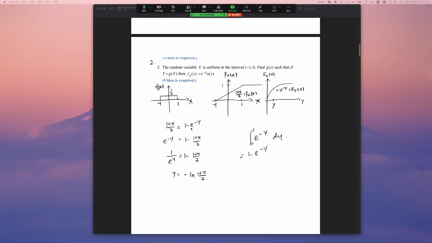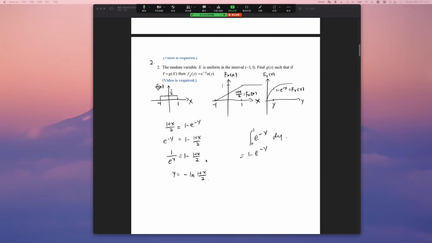And then we solve this equation by moving the e to the power of -y to the left side, and (1 plus x) over 2 to the right side, and also eliminate the negative sign. So the left-hand side should be 1 over e to the power of y, and the right-hand side should be 1 minus (1 plus x) over 2.